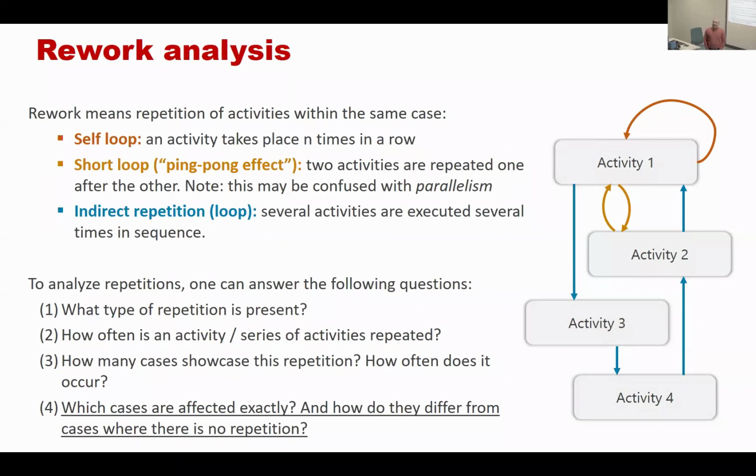So we have seen that to analyze the performance of the process, you look at waiting times first. You look at those activities that have the highest waiting times leading to them. You look at the transitions and the handoffs that take the longest. Then you look at the workload of your resources.